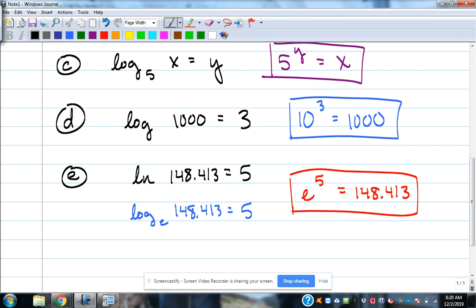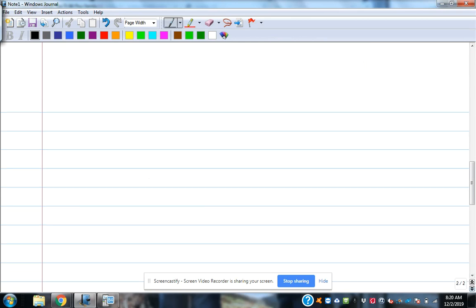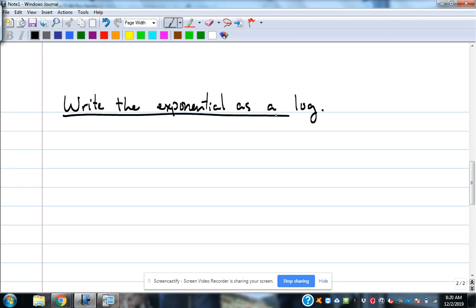So let's rewrite it as a logarithm. So write the exponential as a log. 5 to the third is equal to 125.